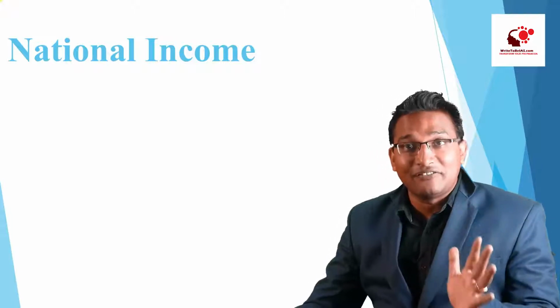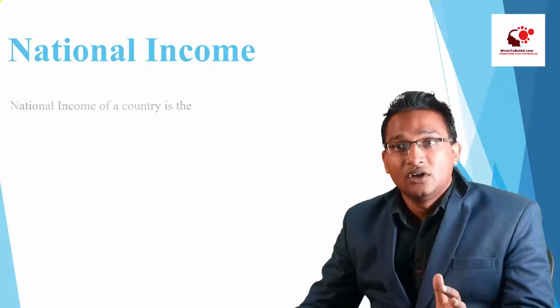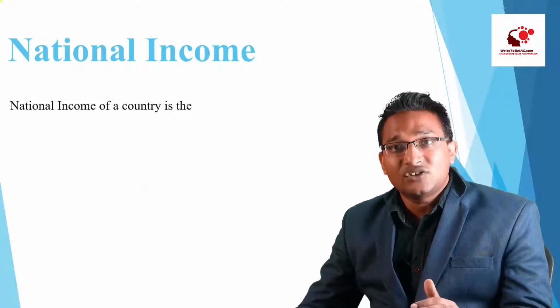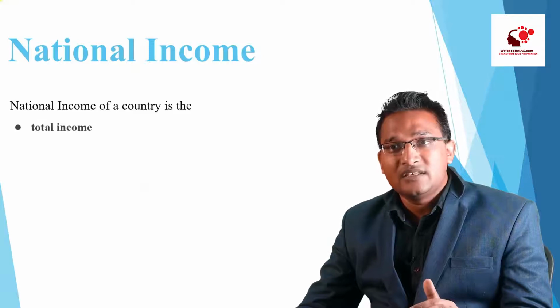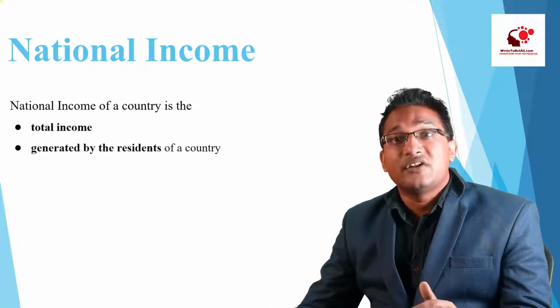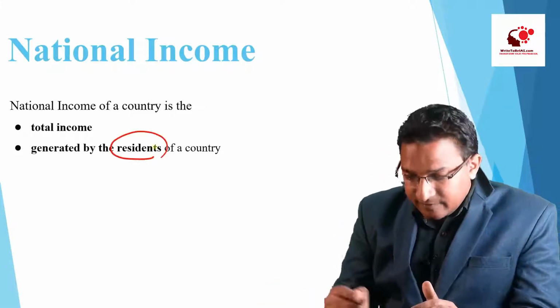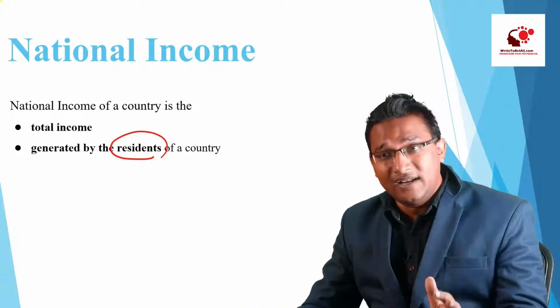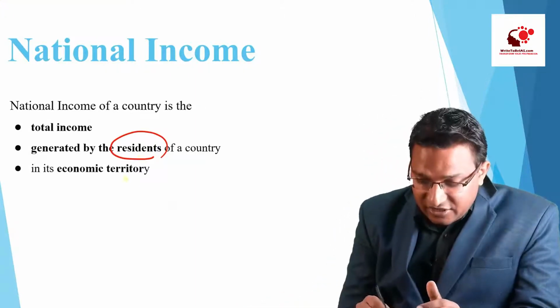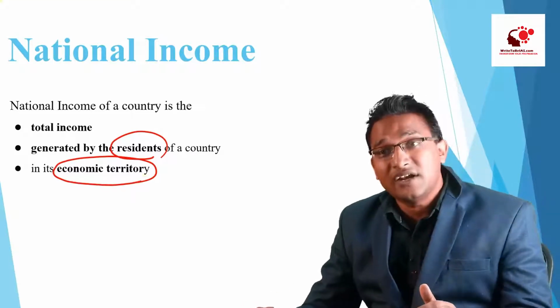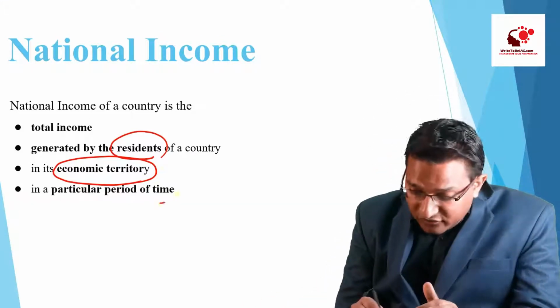Before we go ahead with the income, in the first session itself, we discussed the general or overall definition of the national income. That definition says national income of a country is the total income generated by the residents in its economic territory, in a particular period of time.